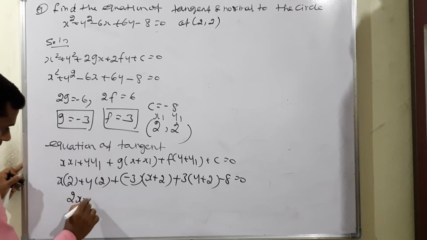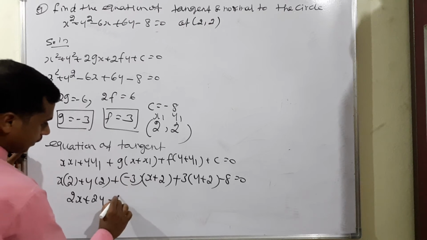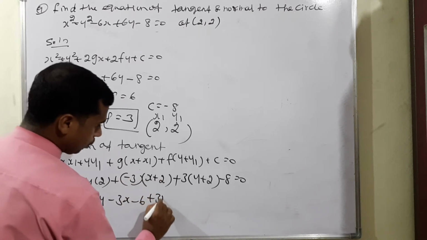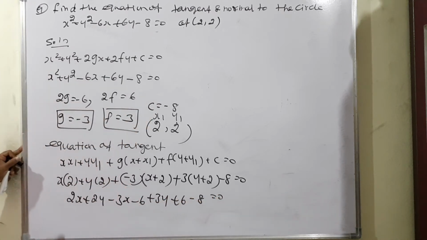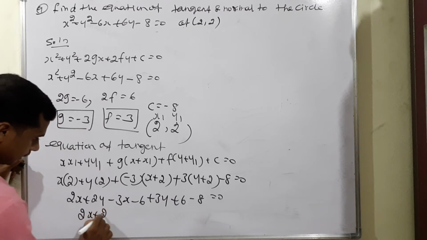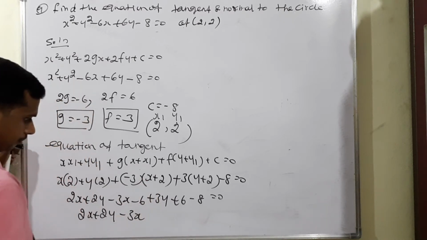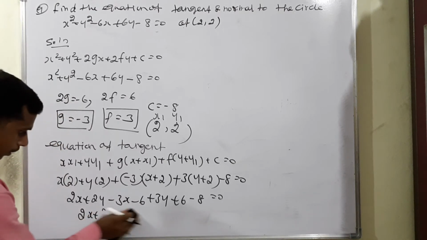So 2x plus 2y minus 3 into x, minus 3x, minus 3 into 2, minus 6, plus 3 into y, 3y plus 6, minus 8 is equal to 0. Therefore, 2x plus 2y, then minus 3x, otherwise we can simplify now.